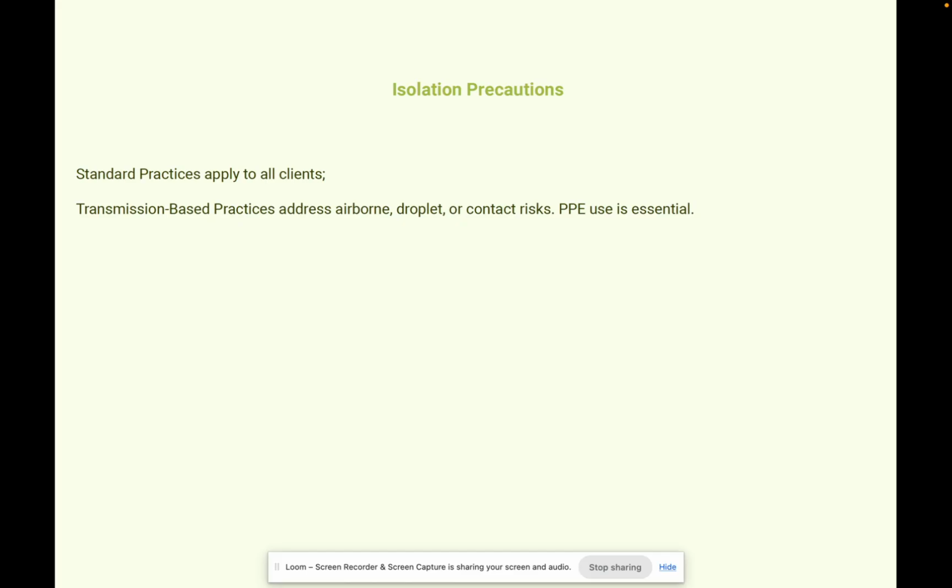We also have transmission-based precautions, which address airborne precaution, droplet precaution, and contact precaution. And of course, the use of proper PPE is essential when your client is on isolation. PPE means wearing a gown, gloves, mask, or face shield, depending on the client's condition. So it's important that you know the isolation precaution policy of the company you will be working with.